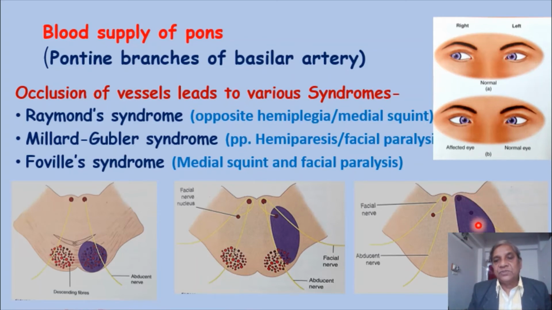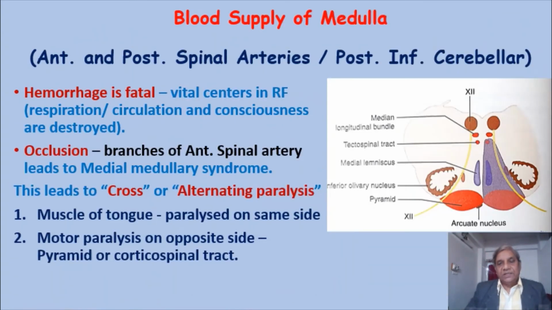Both are affected, so there will be facial paralysis on the same side and medial squint on the same side. But here there will be no paralysis on the opposite side, as the corticospinal tract is not involved. This completes the pons.